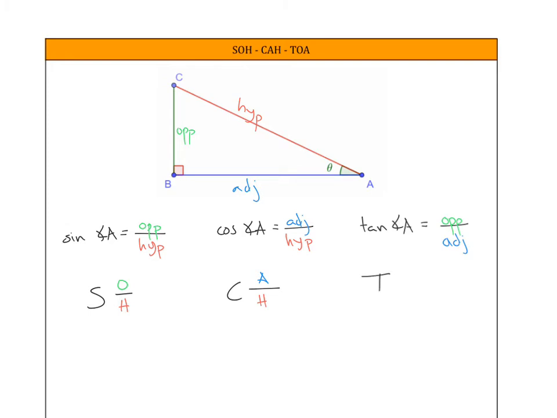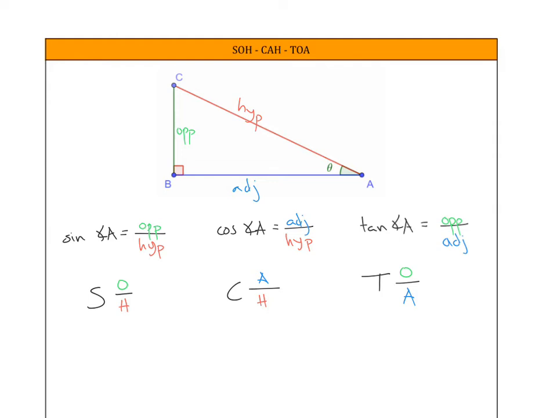Last but not least, we have T from tangent, O from opposite, divided by A in adjacent. So this is where we get SOH, CAH, and TOA from. Again, this is just a little tool to help you remember which ratio belongs with which trig ratio, right?